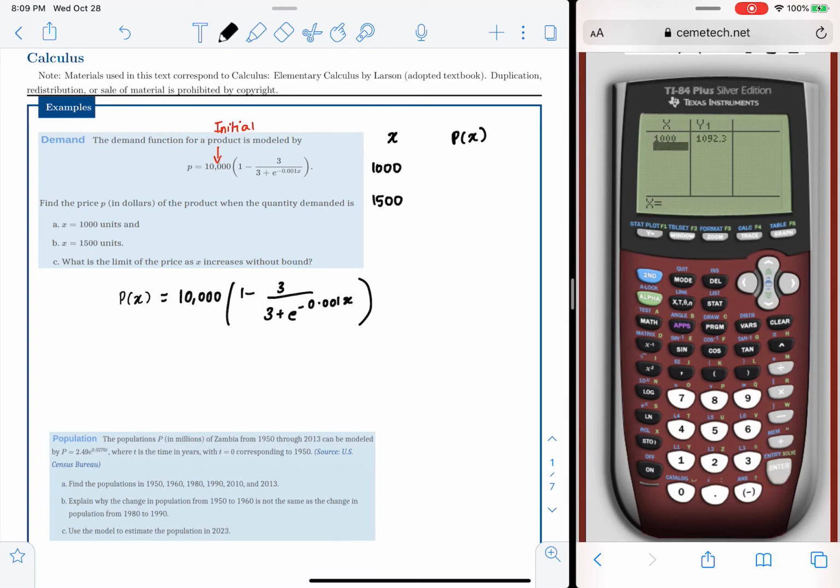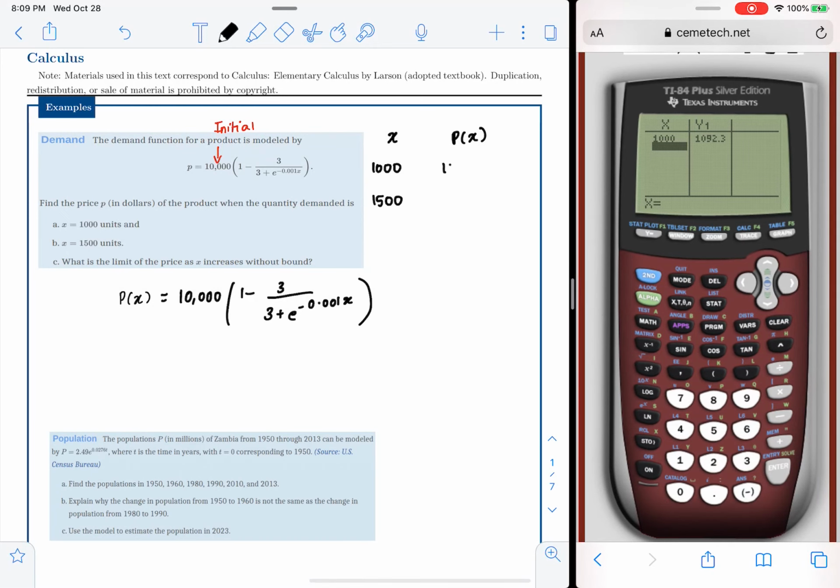So when we plug in 1,000, we end up getting 1,092.3, and when we plug in 1,500, we get 692.28.